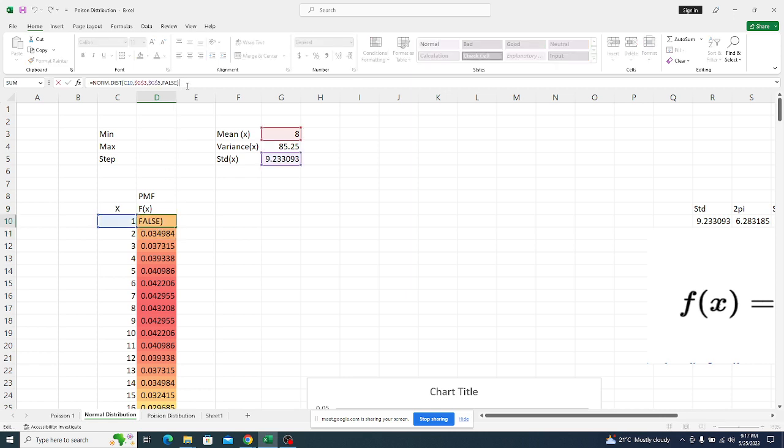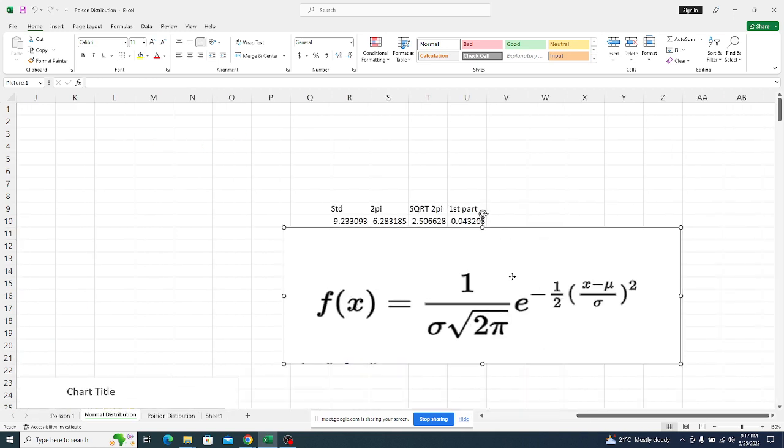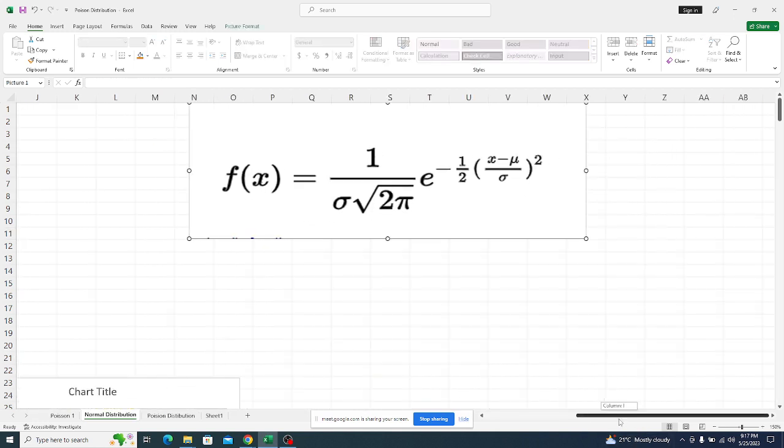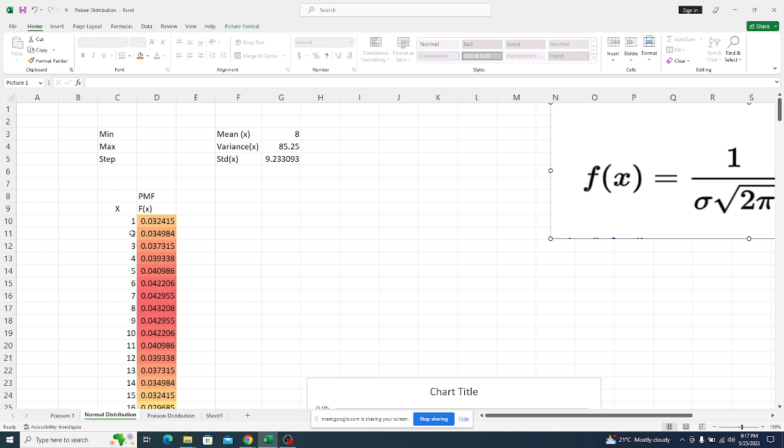So the main idea here is to get the concept of how you can calculate the probabilities using the Excel inbuilt function, and also using the manual way. So go and try the manual way. You can generate your sample data if you want to do so.